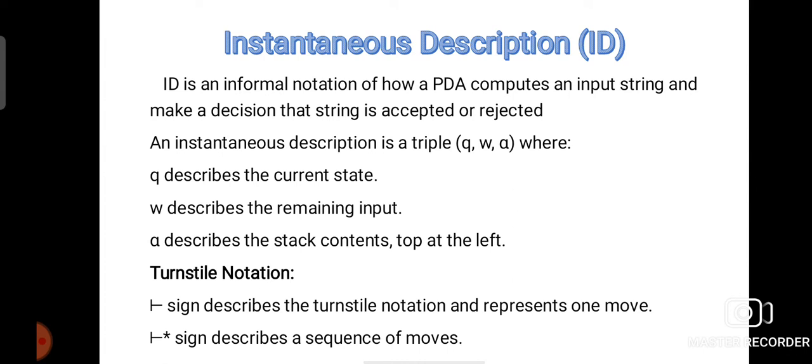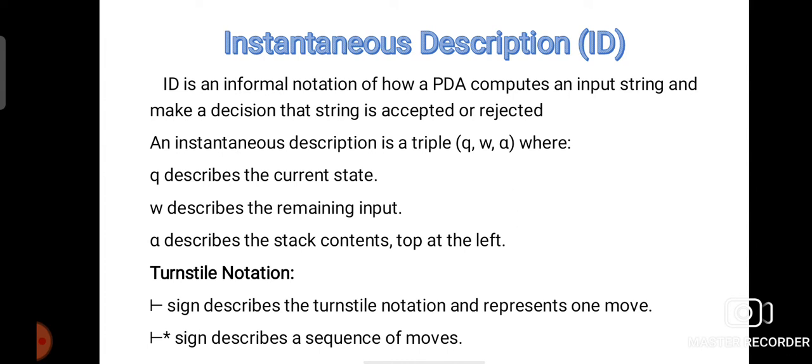An instantaneous description will have three parameters: q, w, a. Q describes the current state, w is the remaining input string, and a is the stack content, that is the stack symbols present from the top of the stack.